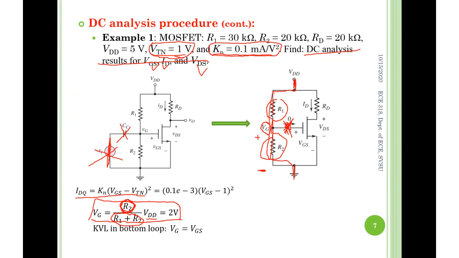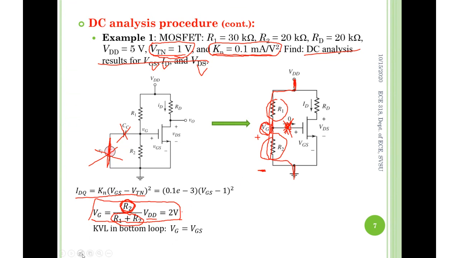So voltage divider to find the voltage at the gate with respect to the ground, of course, which is also the voltage across R2. And then according to the handout, remember we need more KVL, KCL. Another option provided is the VGS loop KVL.